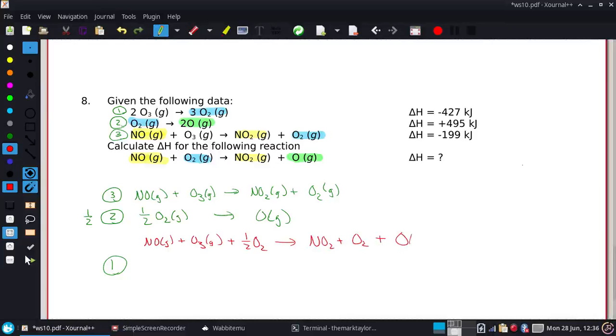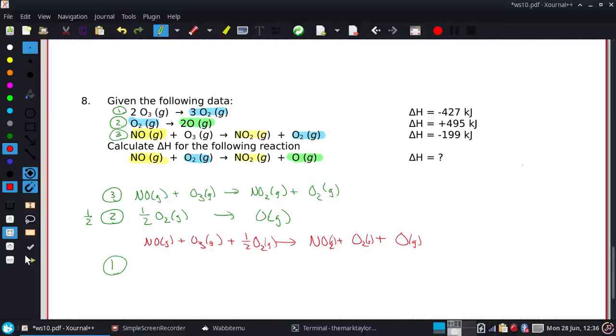All right, once we've done this, now we're going to look at them and see what we need to get rid of, or what is wrong comparing this to our original equation. And right off the bat, I see on my reactant side, I have these ozones, O3s, and they're not found in the overall process at all. So I'm going to build my new equation 1 off just that factor.